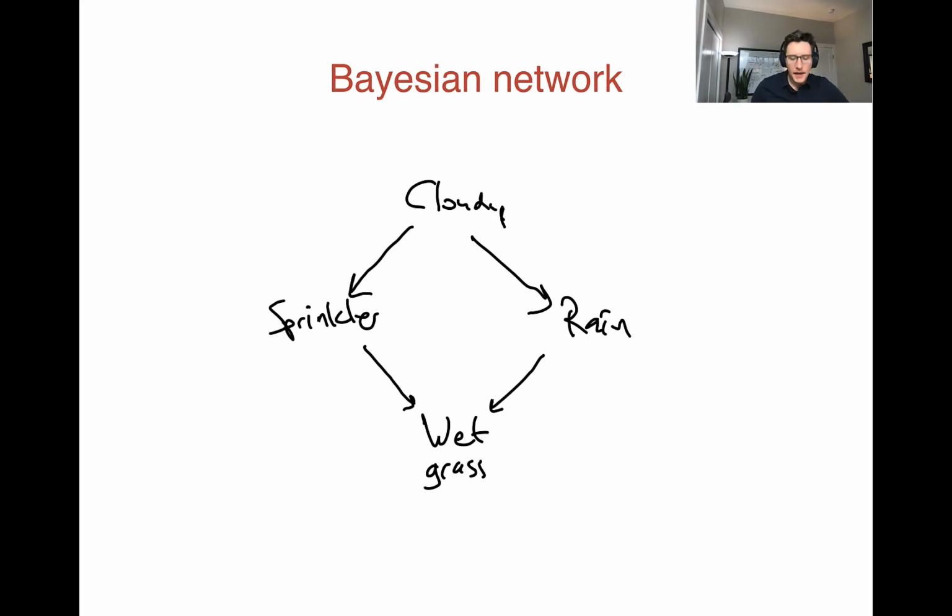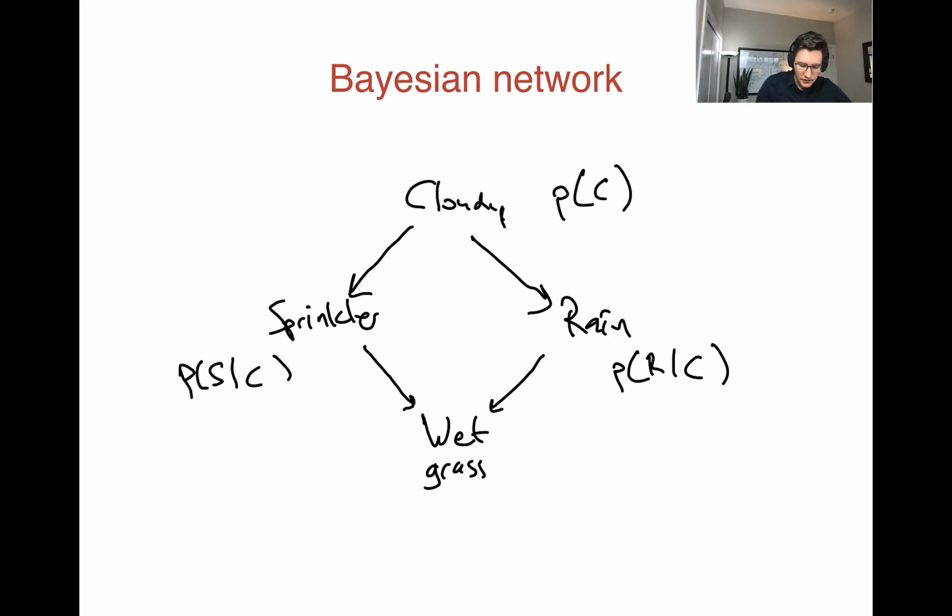So if we define a Bayesian network, we usually define a conditional distribution for each variable given its parents. That is, we get probability of cloudy, probability of rain given cloudy, probability of sprinkler given cloudy, and probability of wet grass given sprinkler and rain.